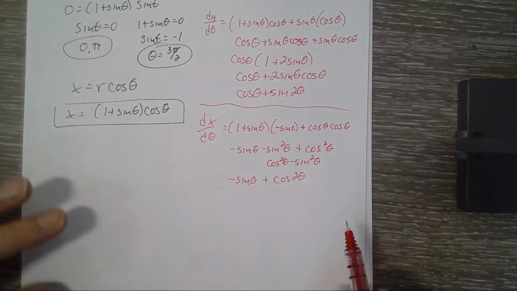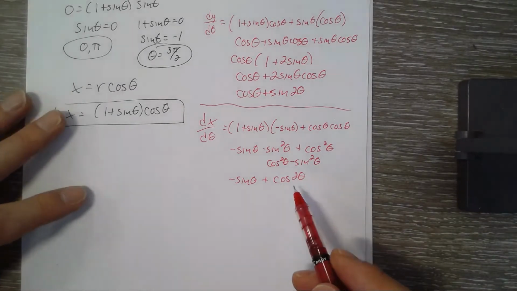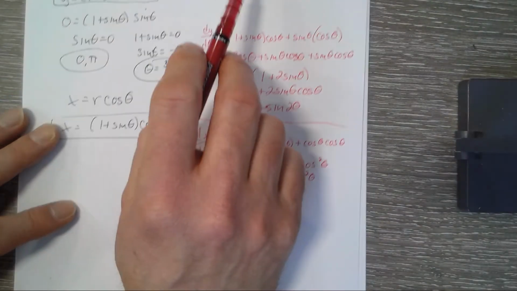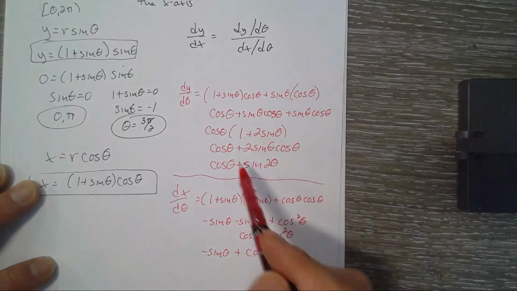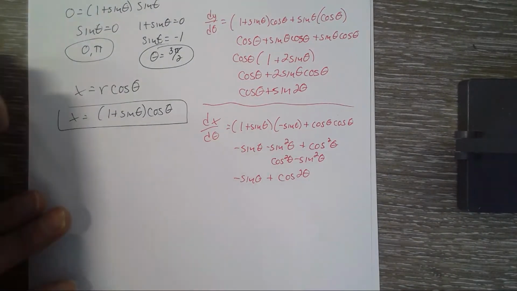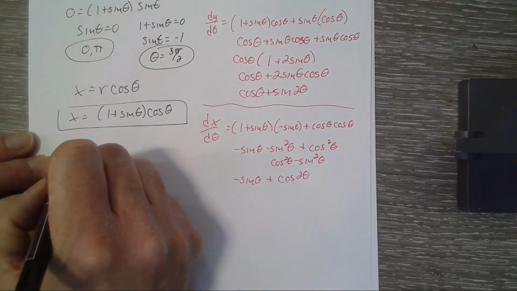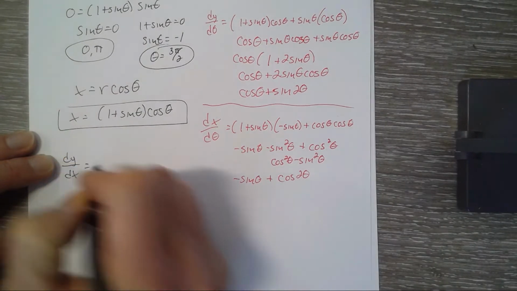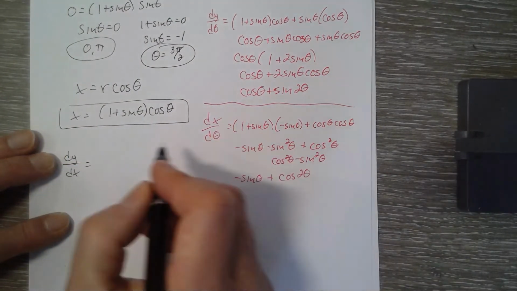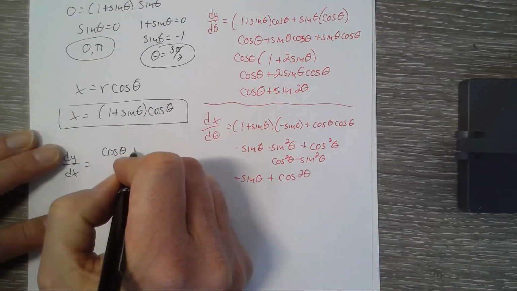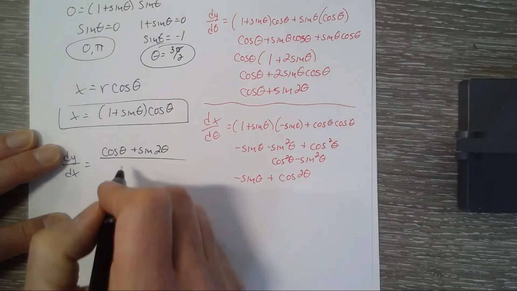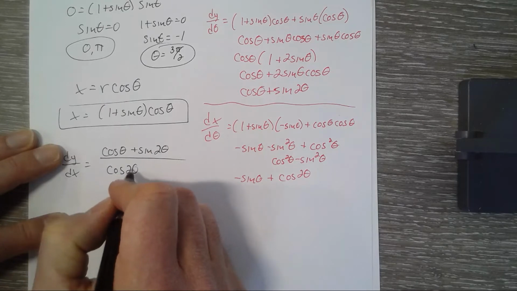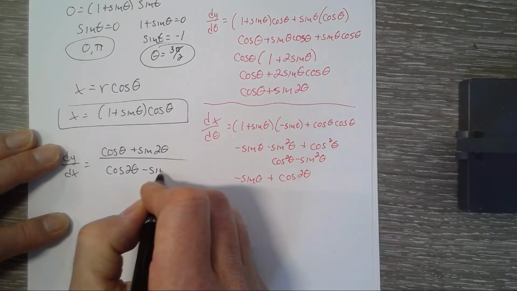Alright, so if we want to find dy/dx, we do dy/d theta over dx/d theta. So dy/dx, which will give us our slope, equals cosine theta plus sine of 2 theta over cosine of 2 theta minus sine of theta.